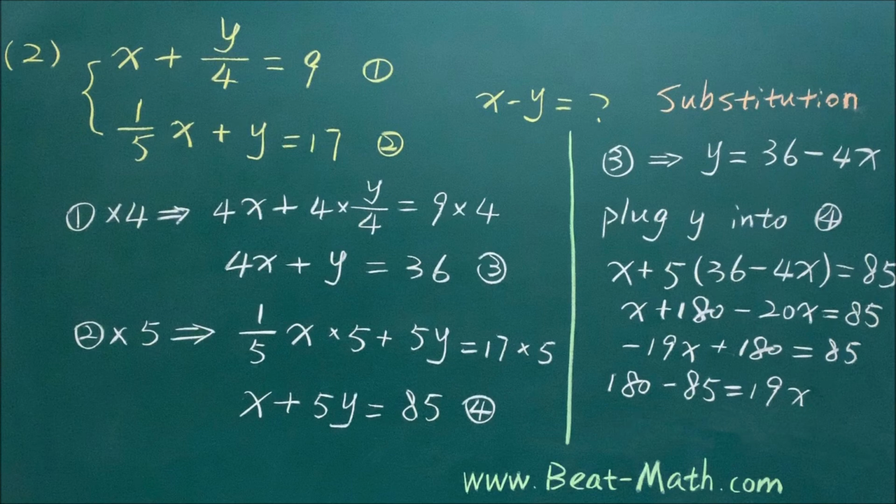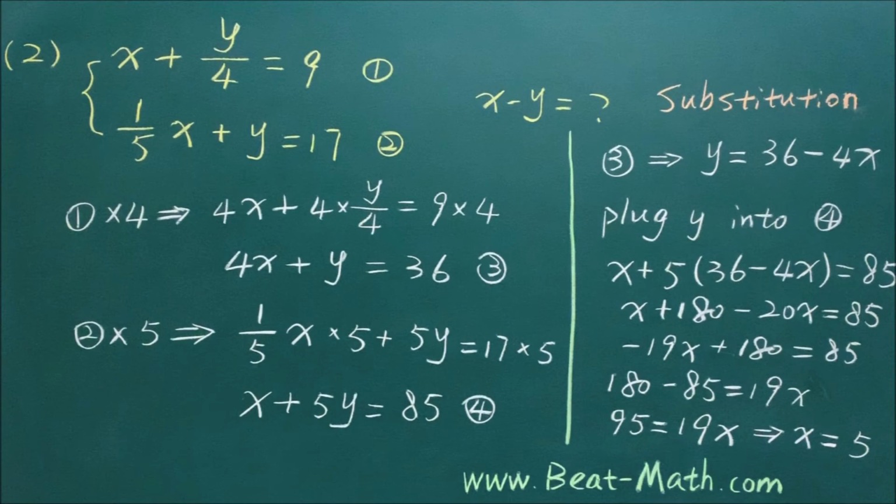Move 85 to the left side and get minus 85. 180 minus 85 equals 19x. 180 minus 85 is 95, so we get 95 equals 19x. Divide both sides by 19, we get x equals 5.